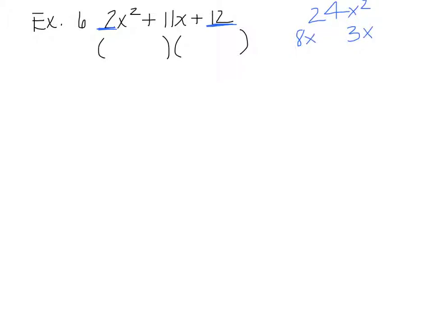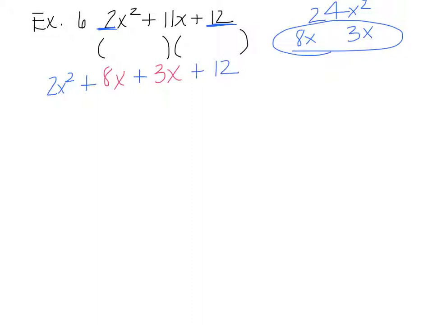So what you're going to do is take the 8x and 3x and replace the 11x. So it'll look like this: 2x squared plus 8x plus 3x plus 12. And you want to do it so that you end up with 4 terms.